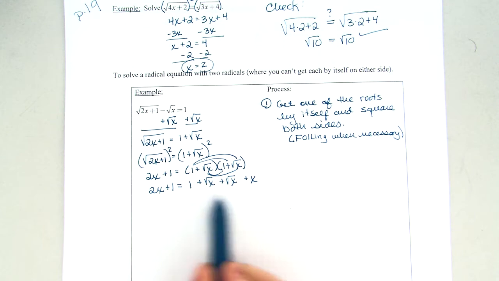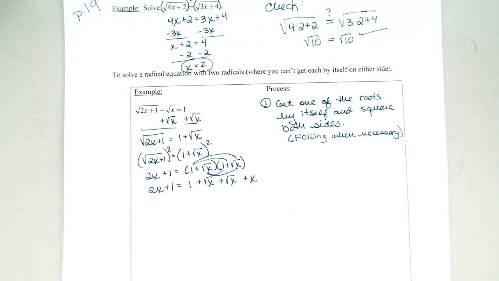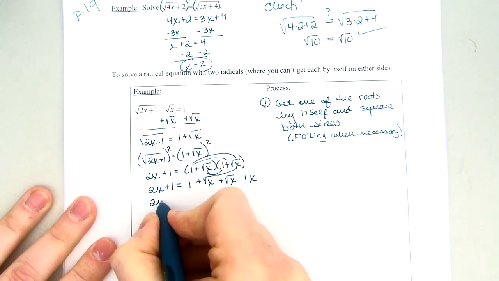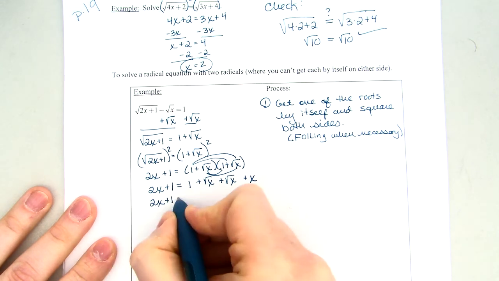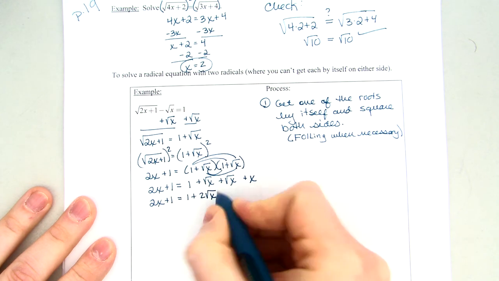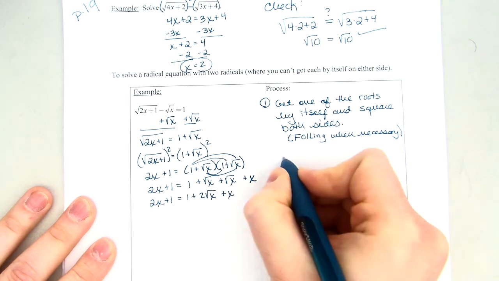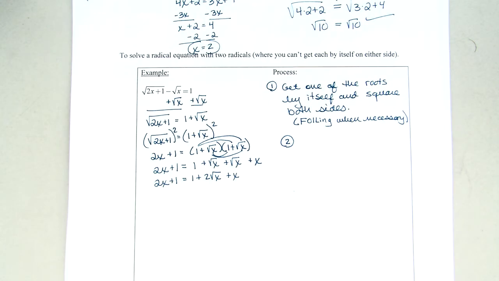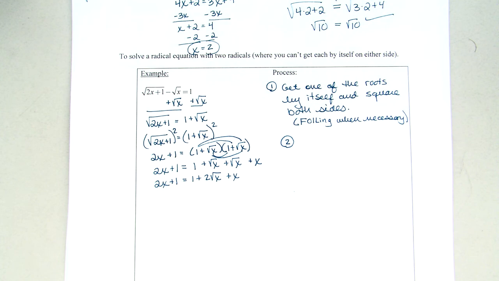Take 2 seconds and just combine like terms on that side. Root x, you can do something there. So 2x plus 1 equals 1 plus 2 root x plus x.